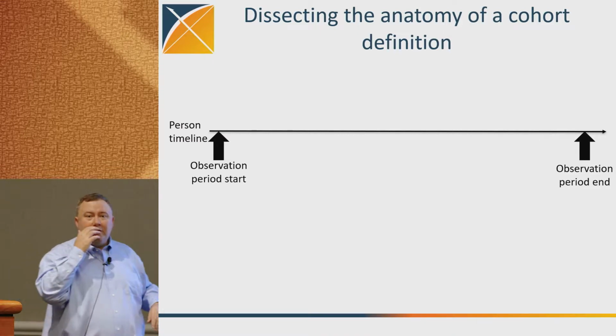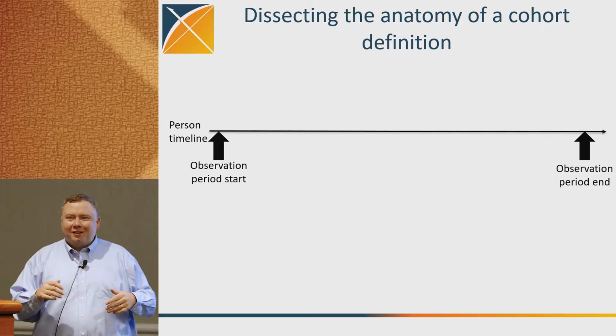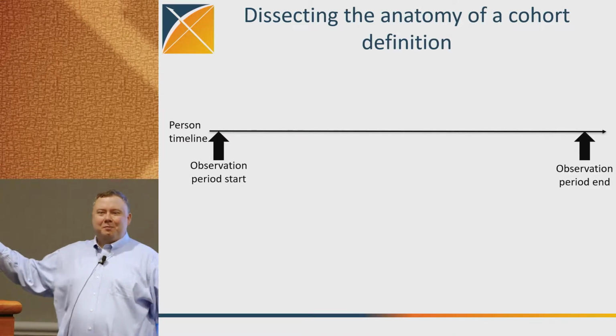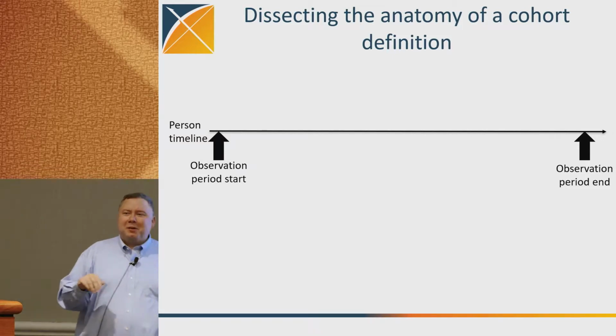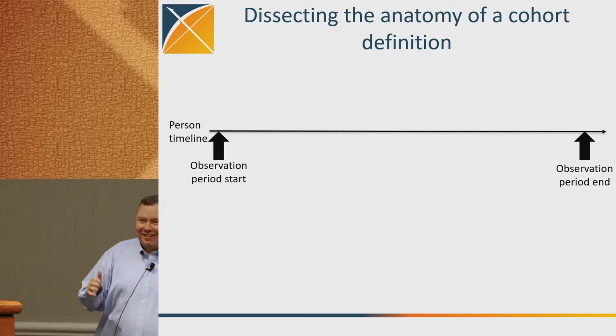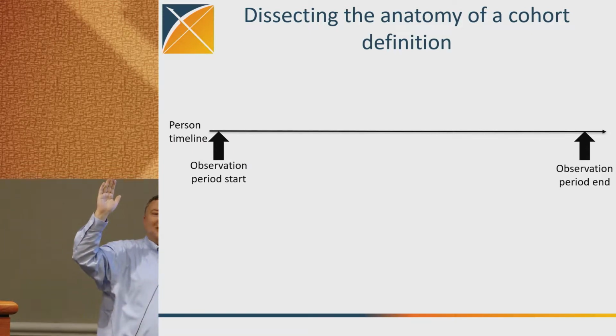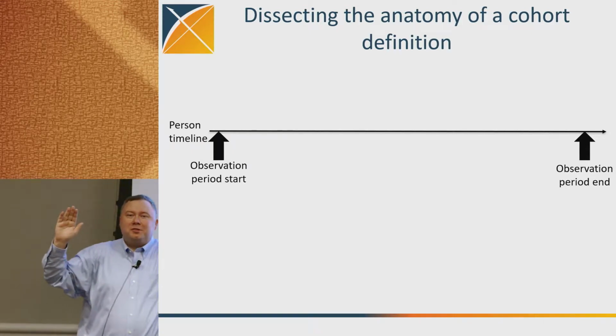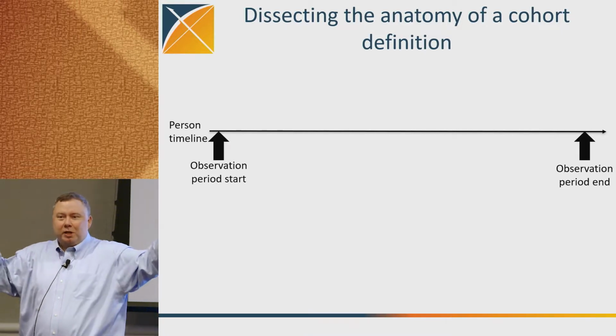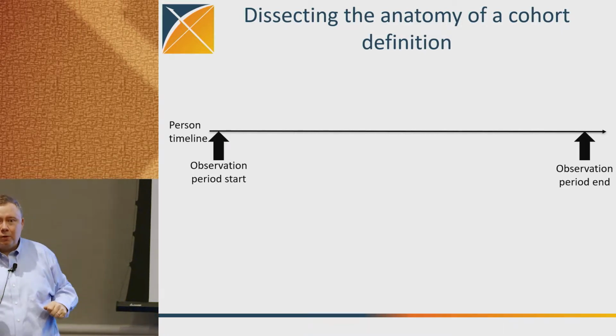So you can think of the fact that a person exists from birth to grave, but as it relates to the perspective of what a database sees, there's an observation period start when you start observing data for a given individual, all the way to the observation period end, which is when you stop observing data for the individual.